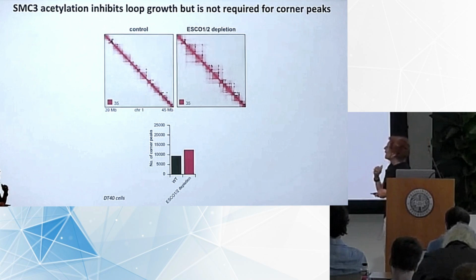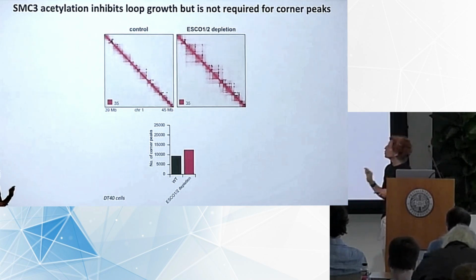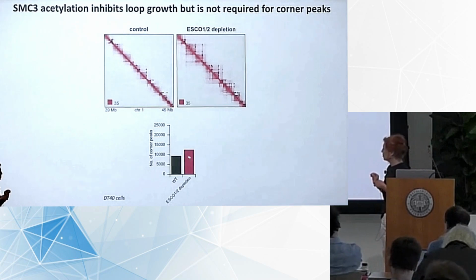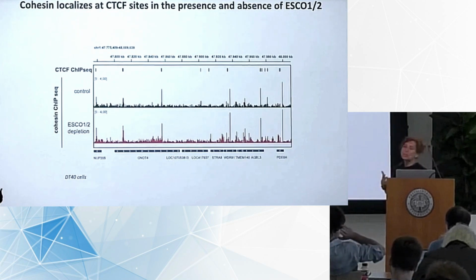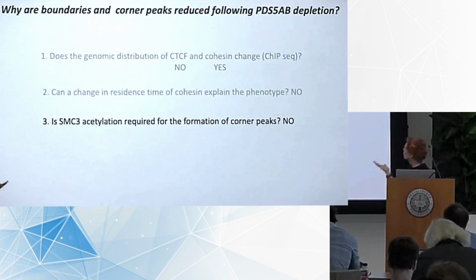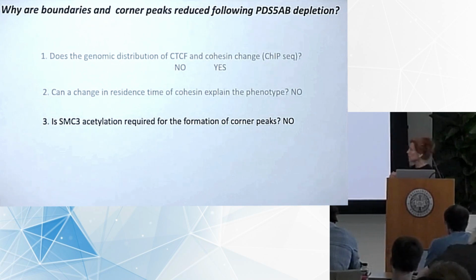However, acetylation is not essential for corner peaks, because we can see even slightly more corner peaks upon depletion of ESCOs compared to the control. And moreover, if you now look at the localization of cohesin by ChIP-seq, we can see the peaks are very similar to the control peaks. So we concluded that SMC3 acetylation is not essential for formation of corner peaks.